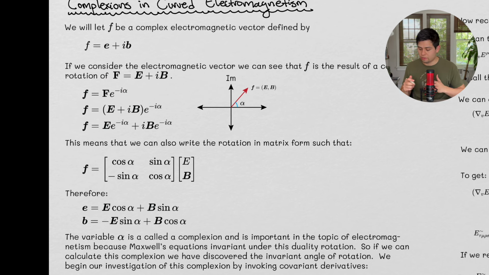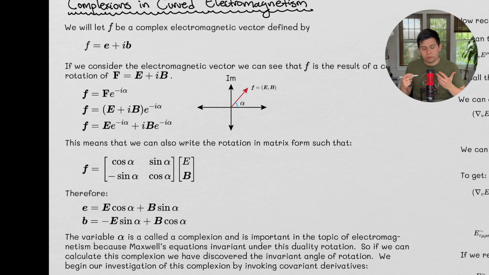We've seen how we were validated in construing a theory in which the magnetic part is the complex part of a general bivector, and the electric part is the real part. And so in this way, we can rotate this vector F in the imaginary plane, and we get something that looks like this.